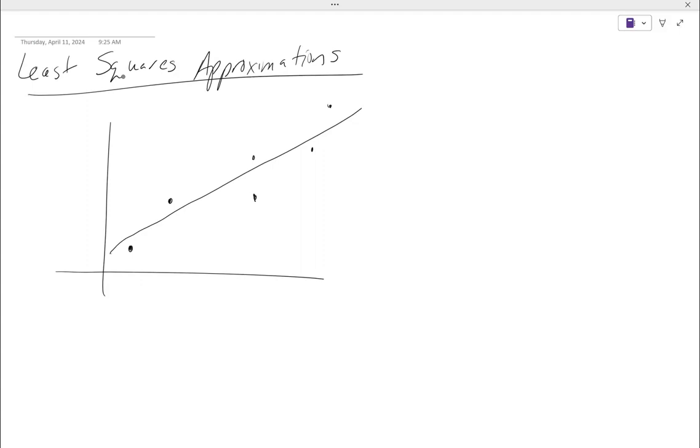The points don't all fall perfectly on the same line, but I would like one line to give me an approximation of what's going on. This is a switch from what we've done so far this semester. So far this semester, we have tried to make something go through each of those points.